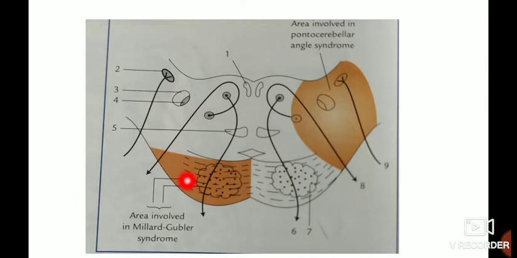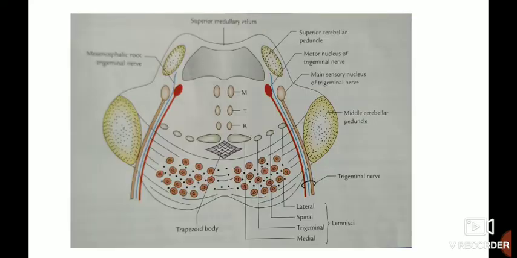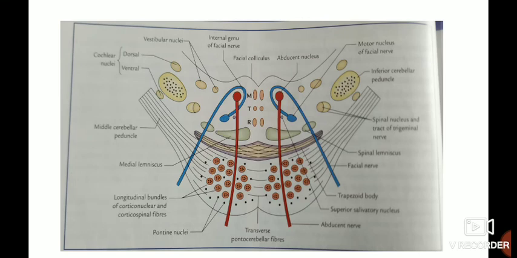The basilar part is the same at the level of the lower part, that is the facial colliculus, and at the upper part, that is the trigeminal nucleus. So it is all the same. It will consist of longitudinal fibers, and it will also consist of transverse fibers and pontine nuclei.